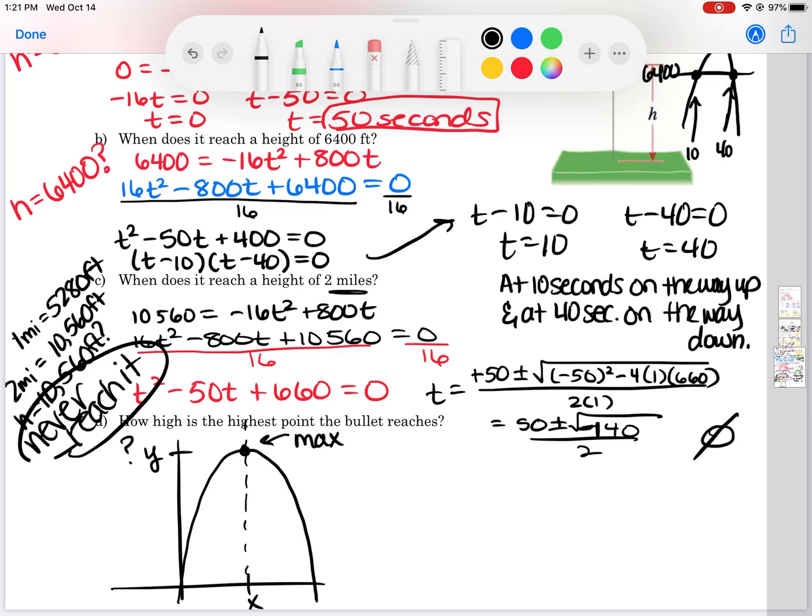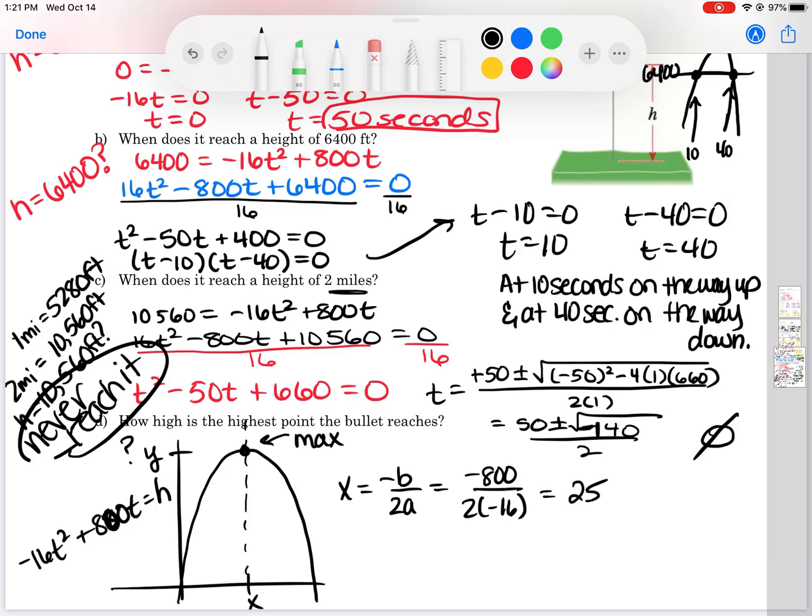Our vertex we can find by first finding our axis of symmetry and then calculating it. So my axis of symmetry is x equals negative b over 2a. When I plug in negative b over 2a from my original equation, remember I had negative 16t squared plus 800t equal to h. So that is negative 800 over 2 times negative 16.